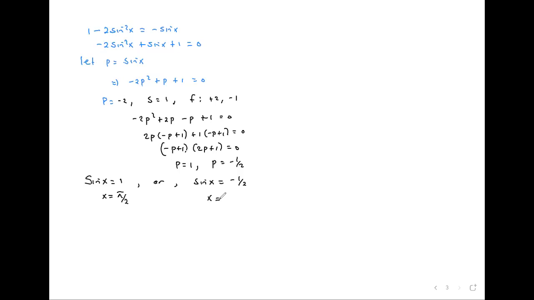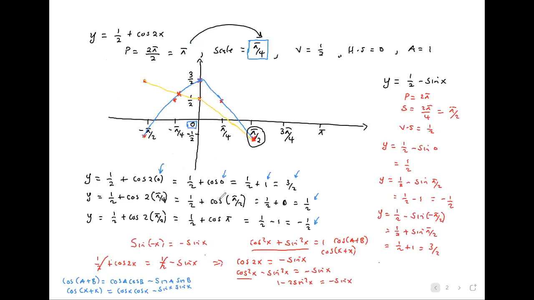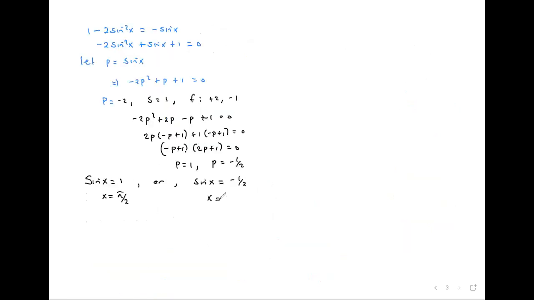So in the fourth quadrant, where the angles are negative, between 0 and 90, we'll get 360 minus 30. This guy will give us 330.